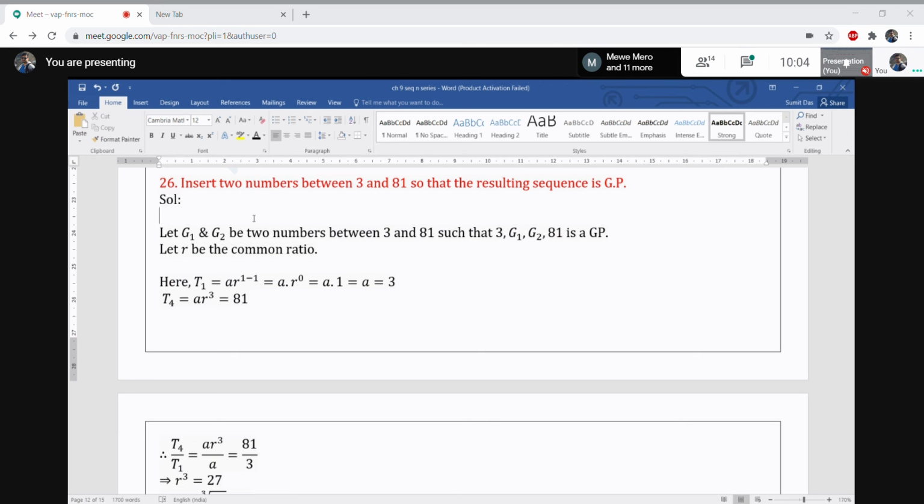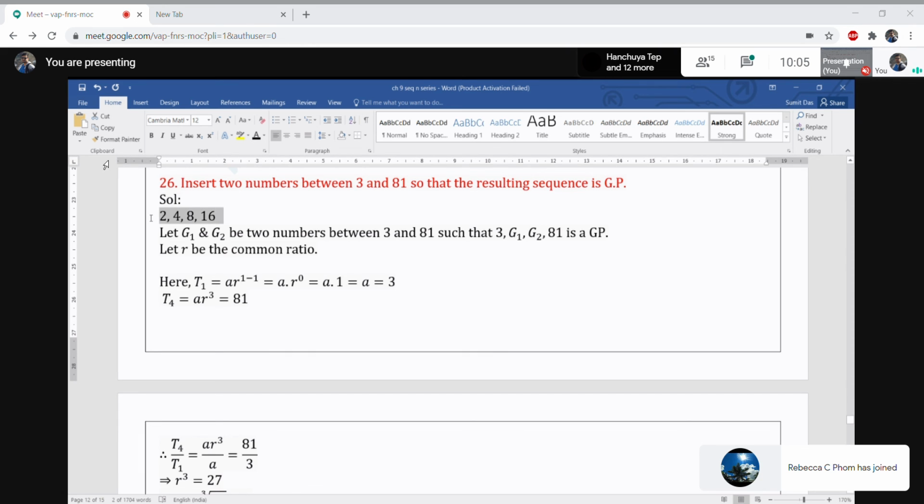So suppose 2, 4, 8, 16. Between 2 and 16, 4 and 8 are two numbers, right? It is following GP, right? So how to find this 4 and 8? We have to find them and put 4 and 8 between 2 and 16, so that 2, 4, 8, 16 can form a GP.